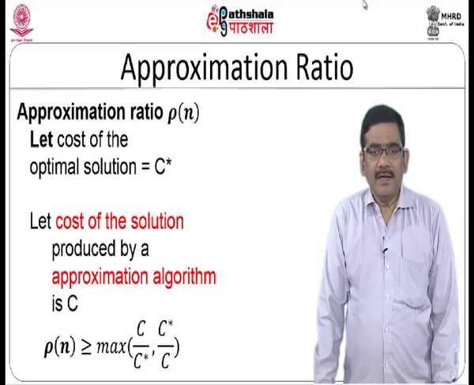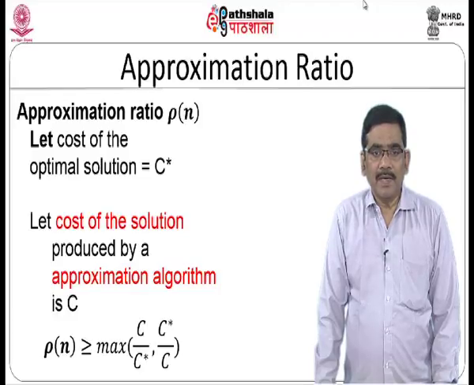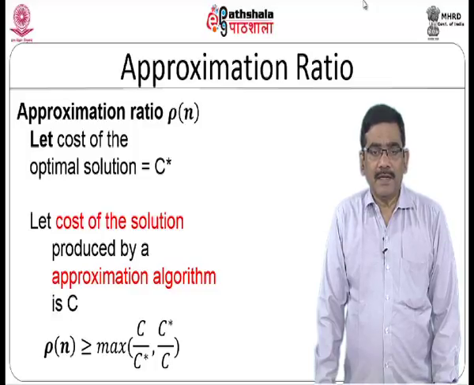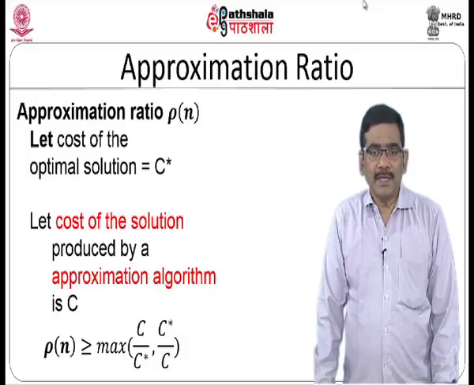What are the criteria of approximation algorithms? An approximation algorithm should run in polynomial time. That is the most important issue. Second, these algorithms are supposed to give solutions that are closer to the original solutions. So we have to define a parameter called the approximation ratio.